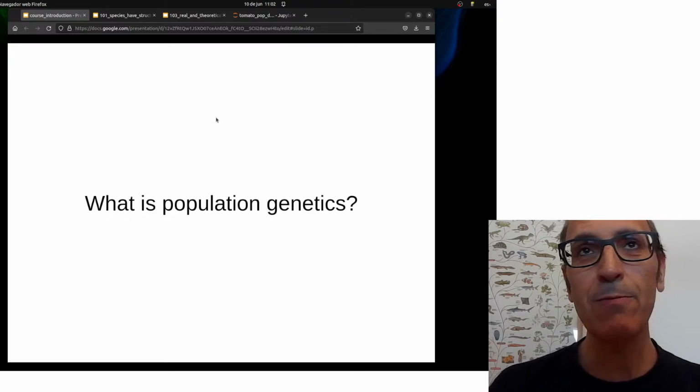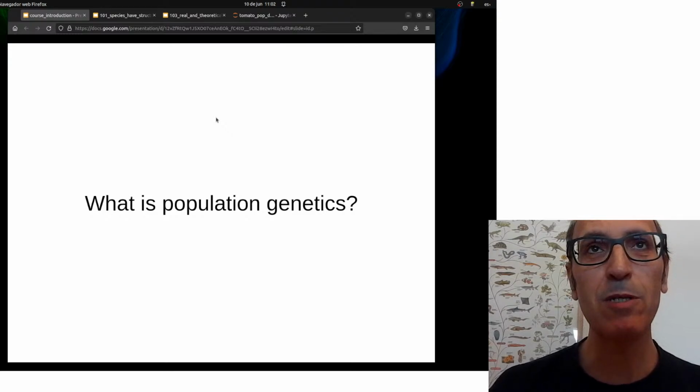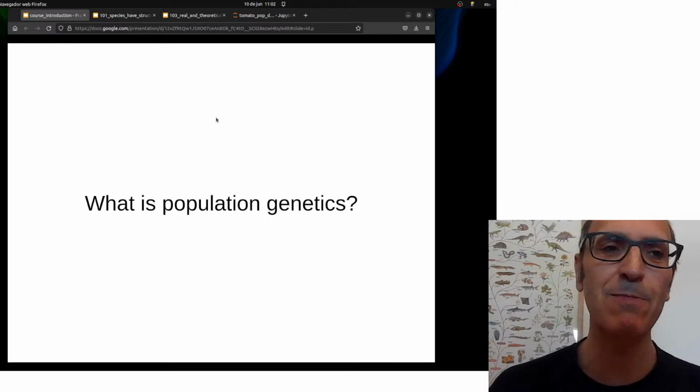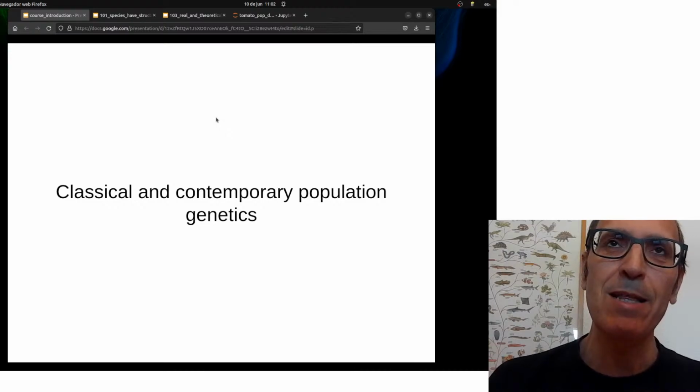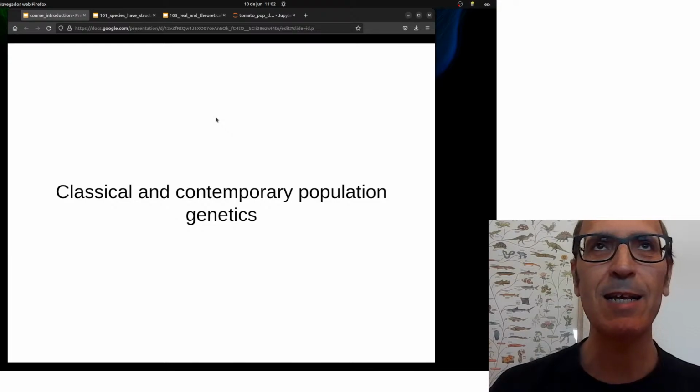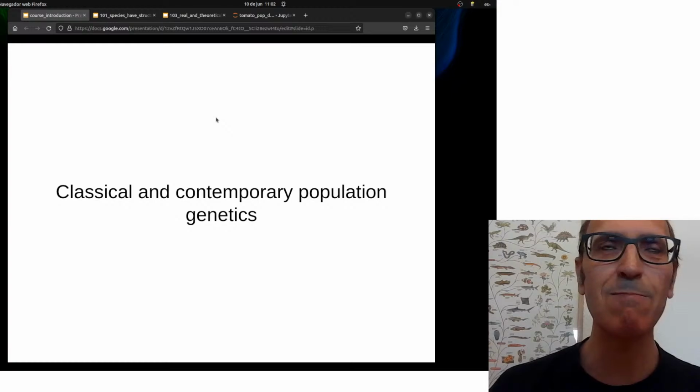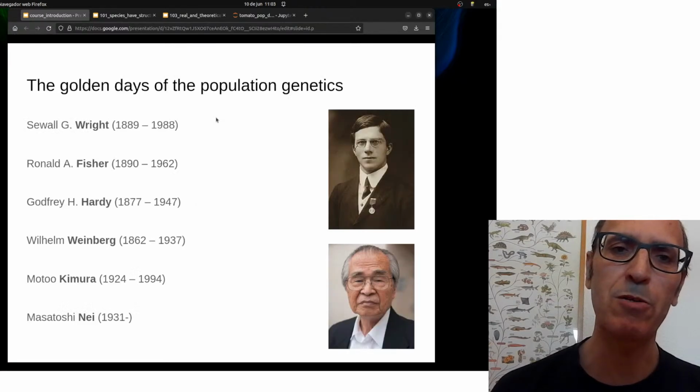Also, I think I have to explain what population genetics is to me, because different people could have different takes on this question. There are mainly two classes of population genetics. One is the classic approach, and another one is a more modern, or contemporary, approach based on real populations and genomics data from those populations.